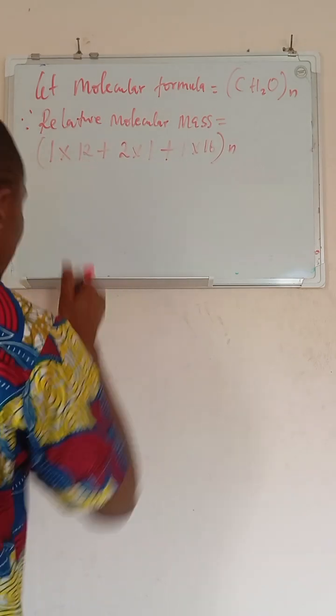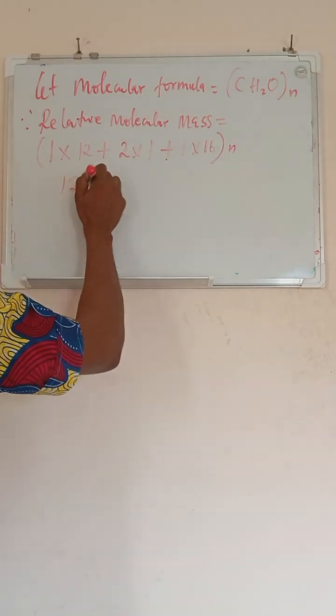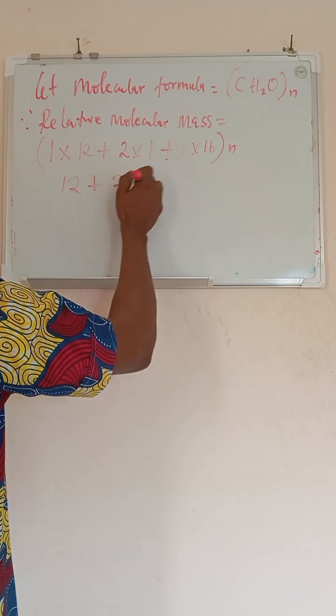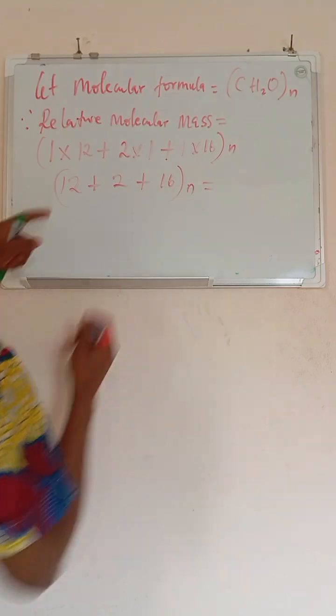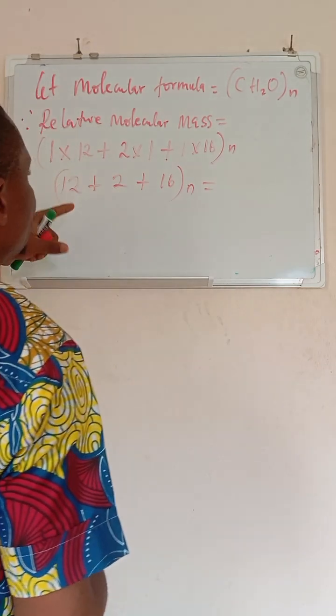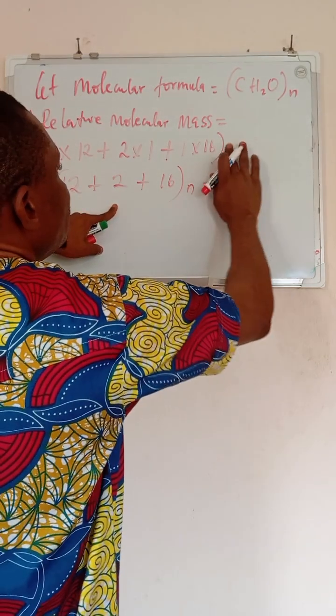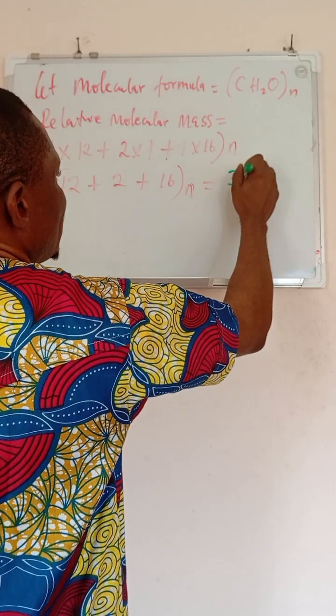This times this is 12, plus 2, plus 16, all times n. So we have 30n.